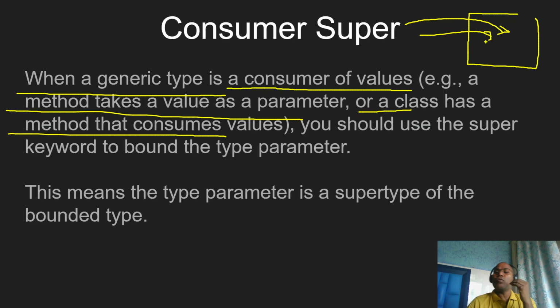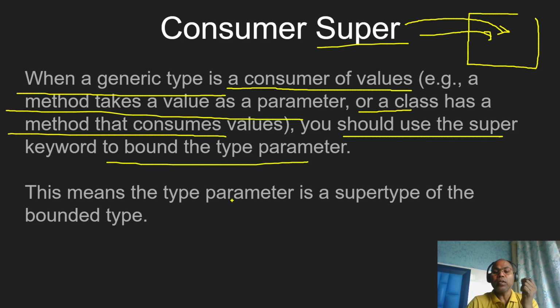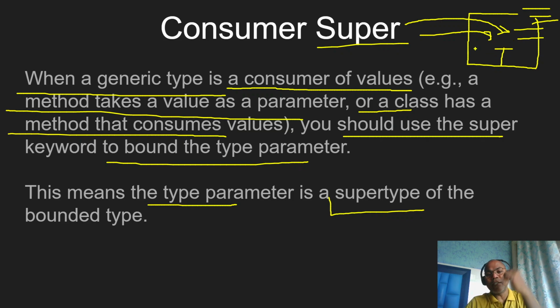In this scenario, this principle says, hey, let's use the super keyword for the bounded types. That means the type parameter is a super type of the bounded type. Whatever the type defines, they allow all its super types. So super means super types, and that means they are consumer value. Let's see an example.